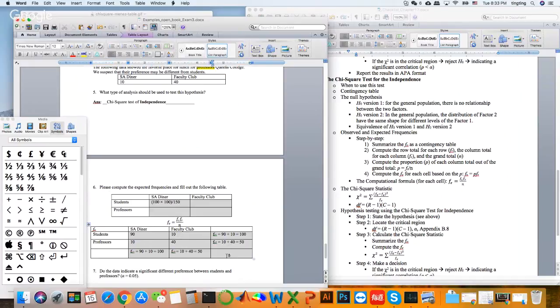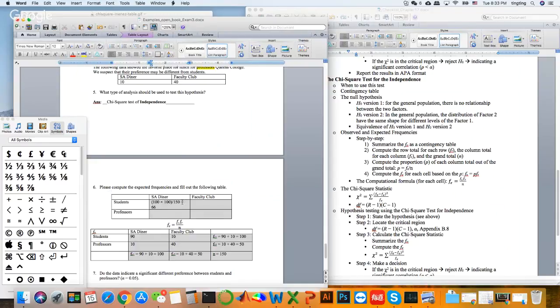N equals 150. For this cell, because the FC is 50, the FR is 100, so this one equals 33.3.